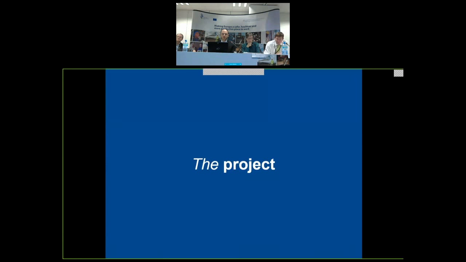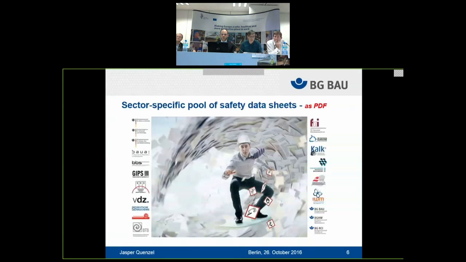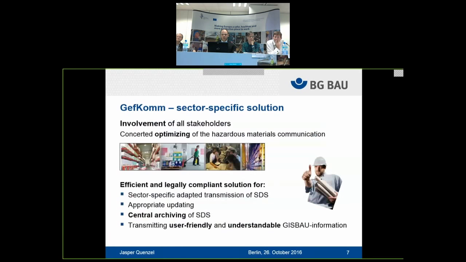Now I want to introduce you to our project STB Transfer. The project starts with another project that we had, a sector-specific pool for safety data sheets. It's called Govmental Bau, an abbreviation for Gefahrstoffkommunikation in der Bauwirtschaft.